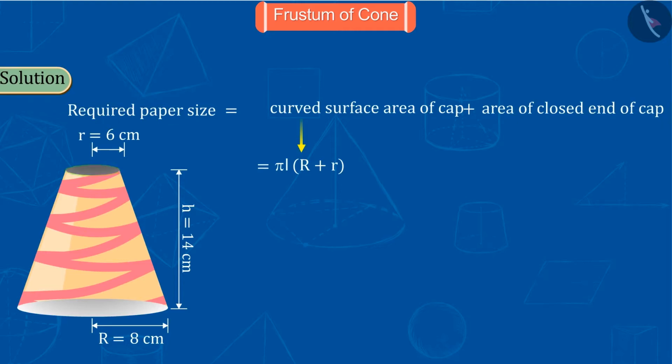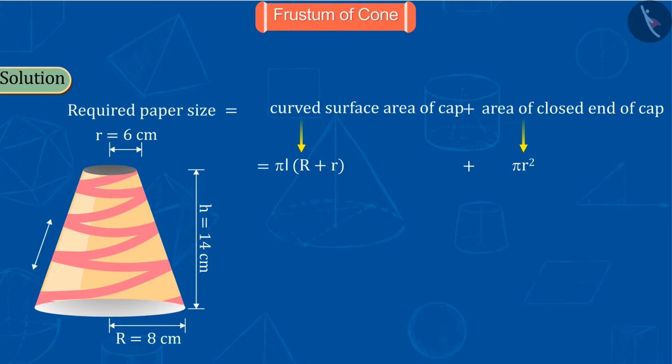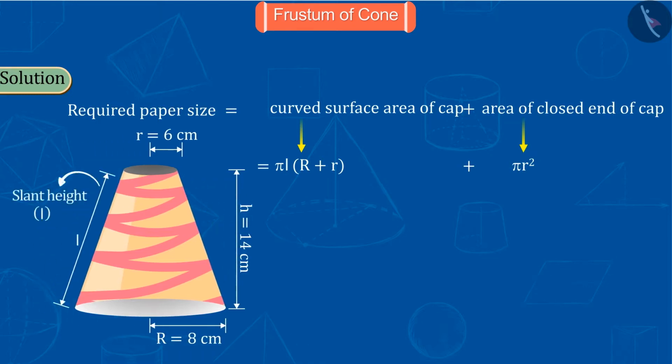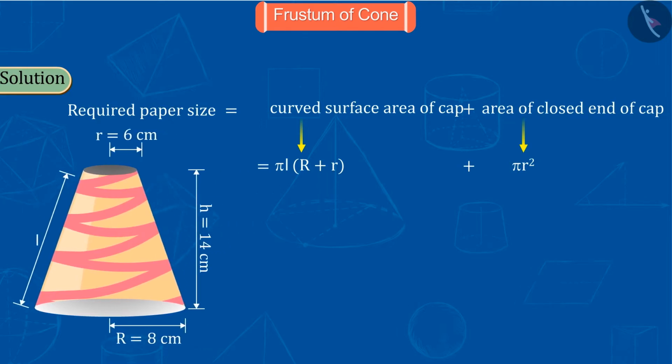Since the closed end of the cap is circular, here we will use the formula for the area of the circle. From the formula, you can see that to find the curved surface area of the cap, we need its slant height, which is not given in the question.